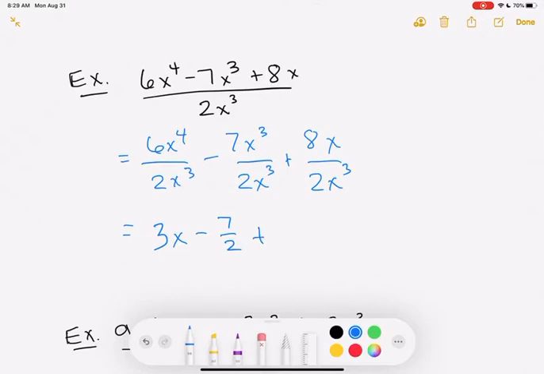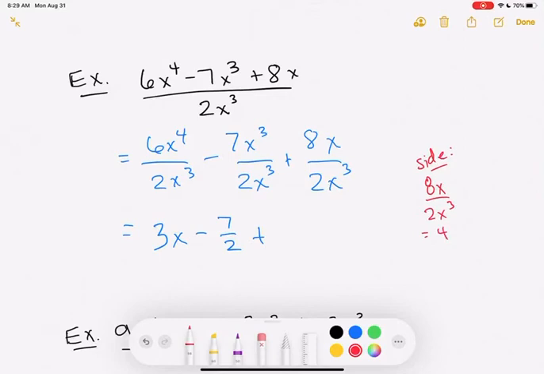Plus, this one, I like to do this part off to the side, just because I lose some people sometimes in class when I do this. 8x over 2x cubed. So it's just a little side work here. If you can do this without side work, awesome. Do it. Okay. This is going to be 8 over 2 is 4.